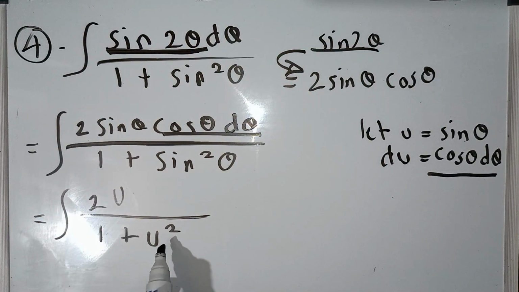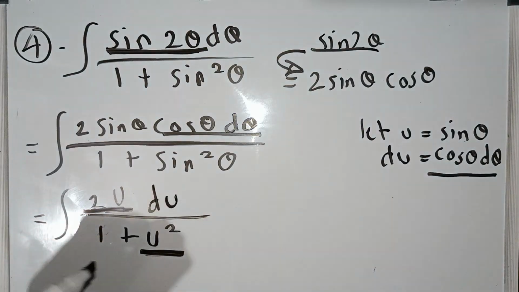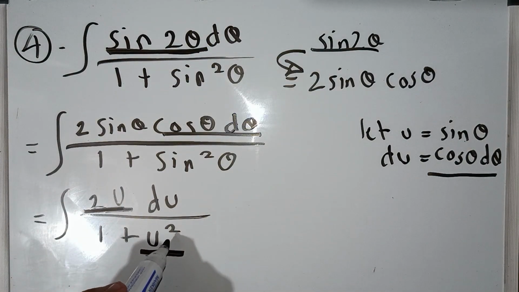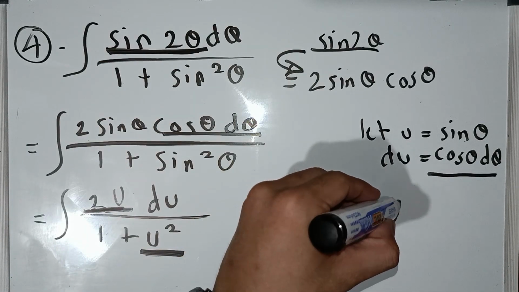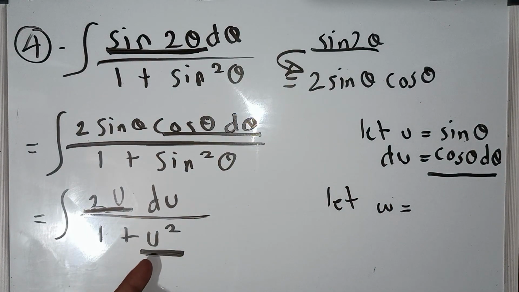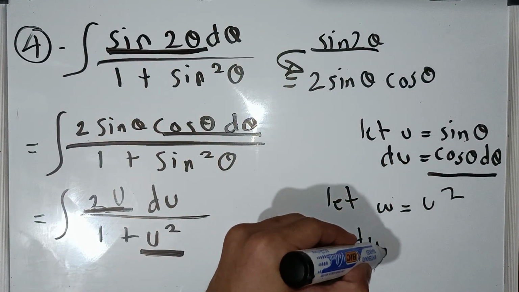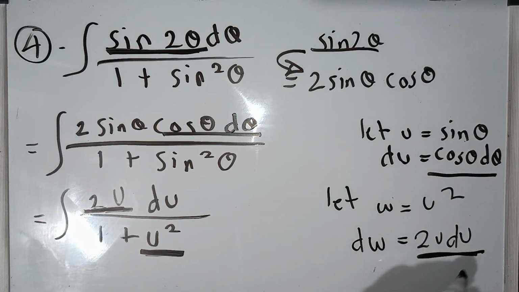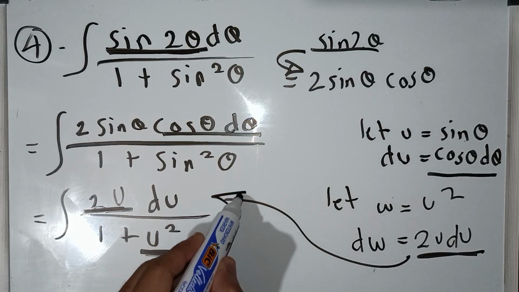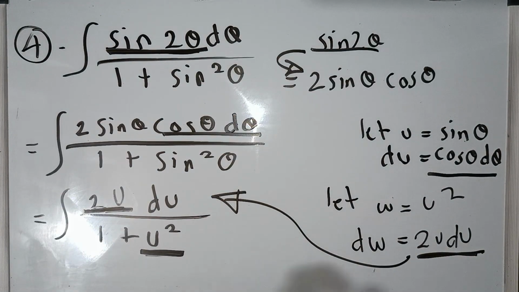But since we still have u squared here and its derivative is on the numerator and it still has its du, let's get the derivative of this. So let w is equal to u squared and dw is equal to 2u du. And since we have now 2u du, which is equal to our numerator, we can now transform our problem in terms of w.